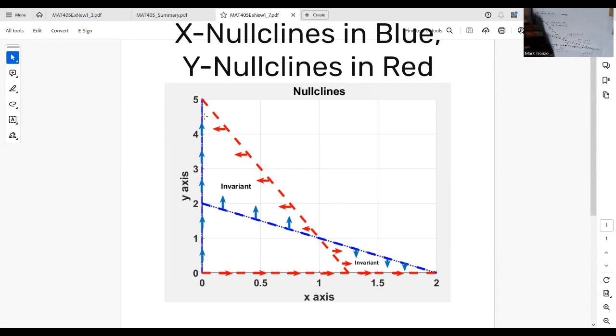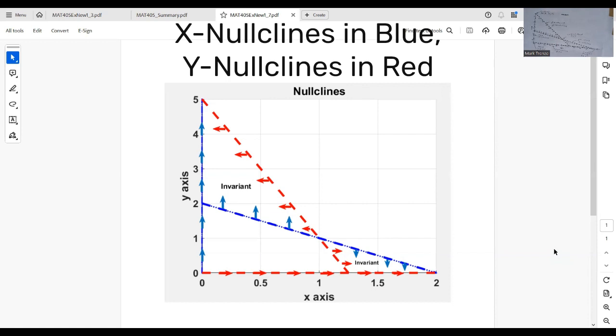Remember, this was a stable critical point. So again, anything that starts in here will stay in here and probably eventually be pushed up towards this critical point. Or down here, if something gets towards this line, it's going to be pushed up towards this critical point. So that gives you a nice, clear picture of the invariant regions here.